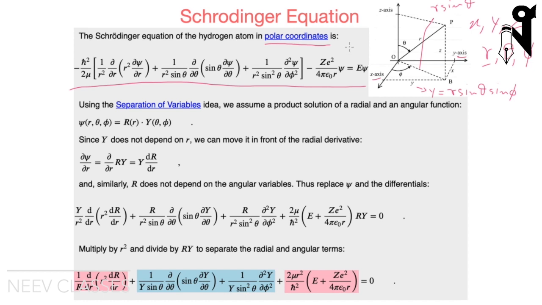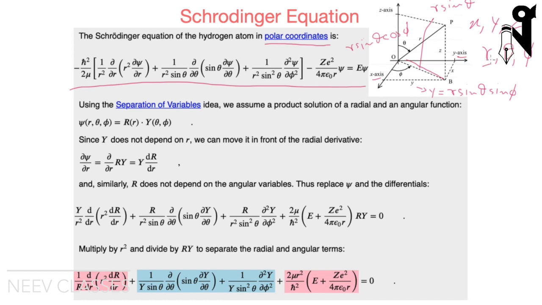Shall I write it or just leave it? This is your r sin theta, that's the hypotenuse of this right angle triangle. So you have cos phi over there.